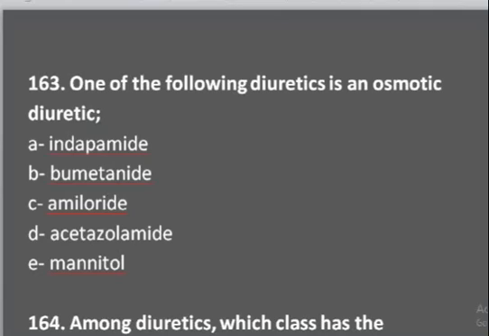So drugs from the diuretics class are given, and the MCQ asks us to identify the osmotic diuretic among the following. So among these, the osmotic diuretic is mannitol, while the others do not belong to this class of diuretic.